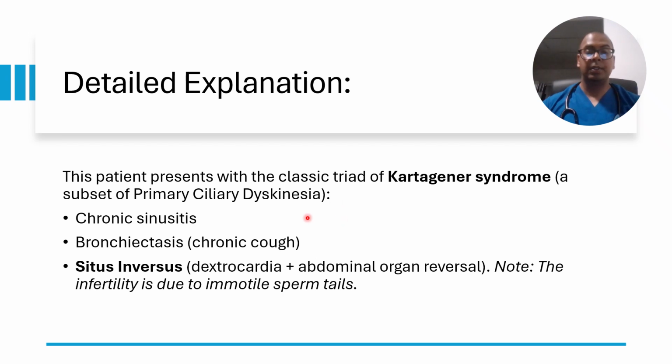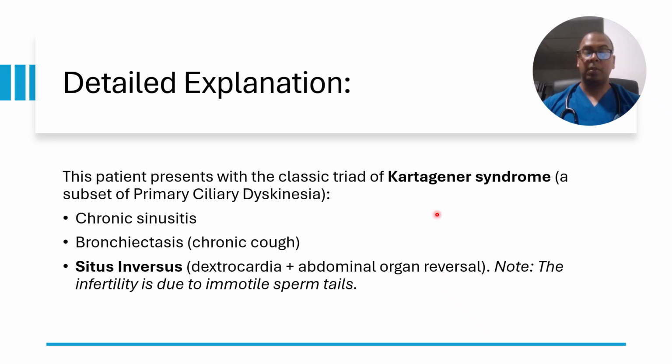The syndrome is characterized by a triad consisting of chronic sinusitis, bronchiectasis, where patients will have chronic cough, and situs inversus. So this includes dextrocardia, the heart being located on the right side, and abdominal organ reversal.